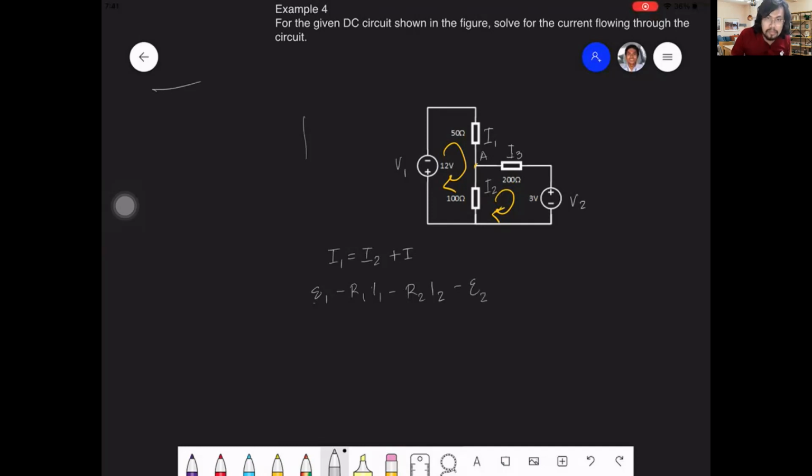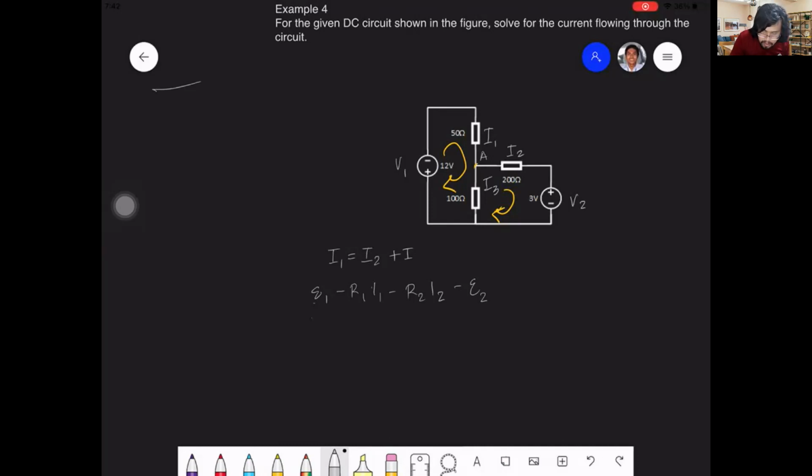Sorry, I made a mistake. I think I have to change this again. I wasn't able to change it a while ago. So that we have one loop over here. But we can just make use of I2 and I3, so we have just these two loops. Yeah, maybe we can do that. So I'm moving away from my solution, but we can also still make use of this one.